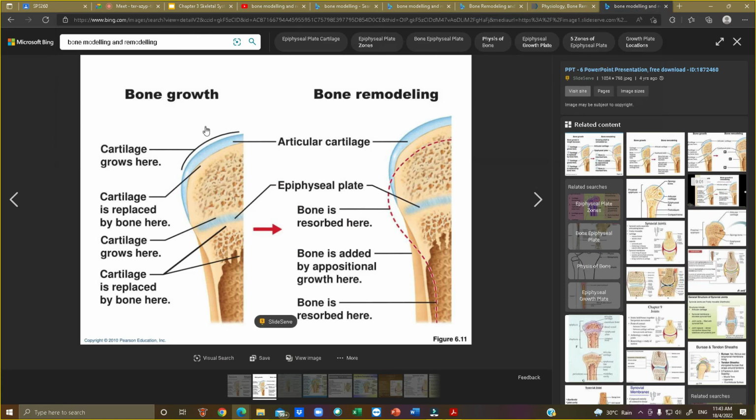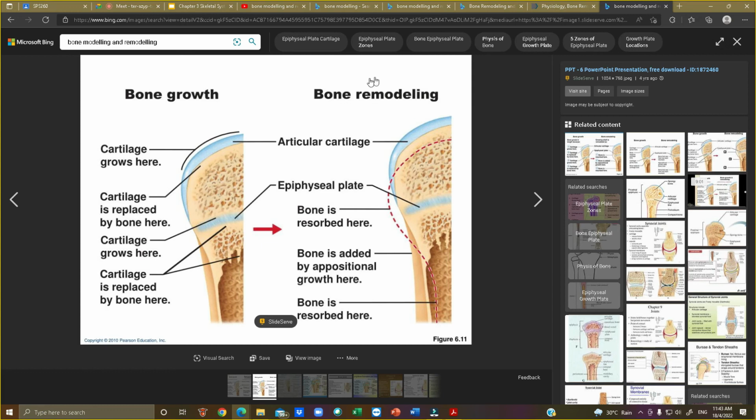Okay. Ada lagi satu gambar tadi yang lagi senang. Ni dia. Okay. Ni ada dua. Bone growth, bone remodel. Okay. Bone growth is modeling. So we can see a new bone being made at the superior part of the epiphyseal, at the inferior part of the epiphyseal, new bone. Okay, which resulting this bone to have longitudinal growth.